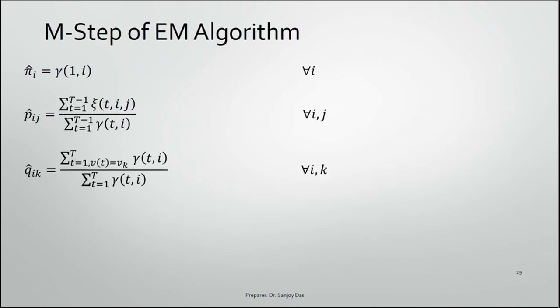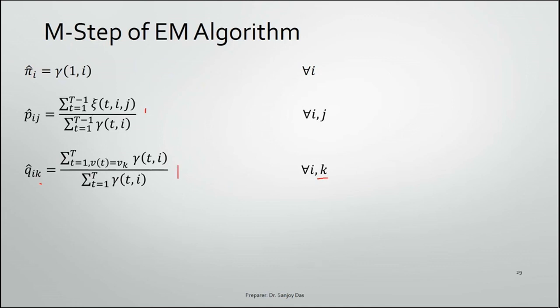So this brings us to the M step of the EM algorithm. For each state i, we find the initial probability, and we get Pij, the transition probabilities, for each states i and j as the ratio shown here, which we saw earlier, and Qik is also obtained for each state i and output k using this expression which we saw earlier.